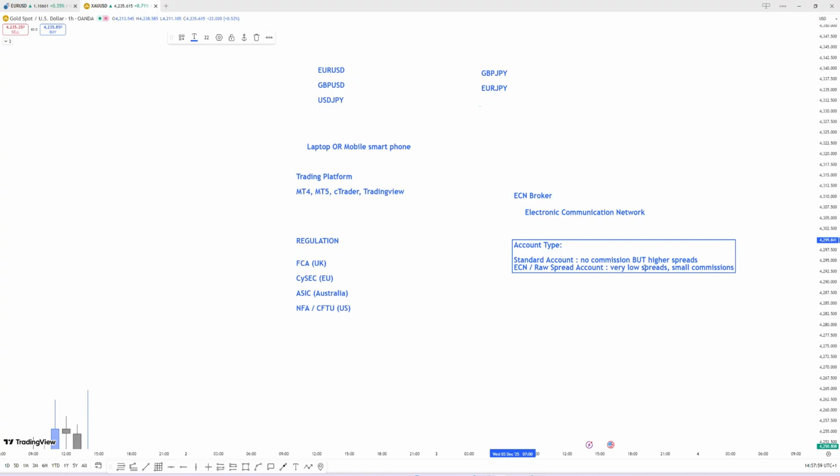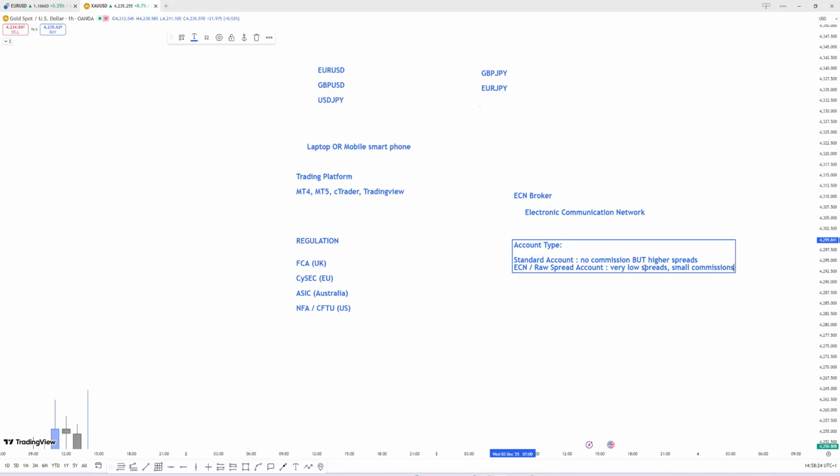Looking at these two types of account, which one will you actually go for? The one with no commission but higher spreads, or very low spread and small commission? Kindly let me know in the comment section which account type you go for as a beginner forex trader.